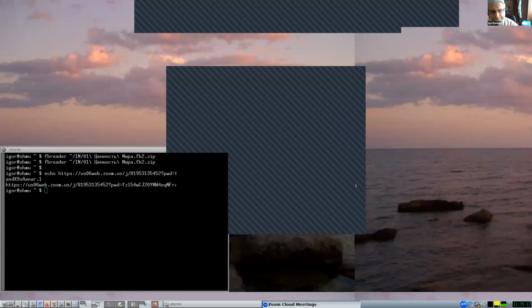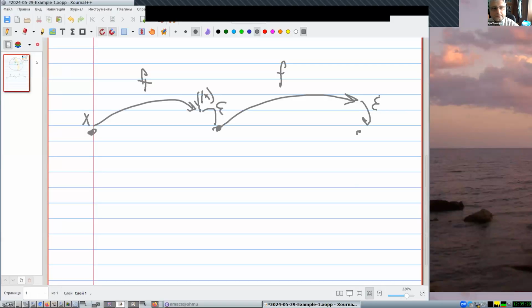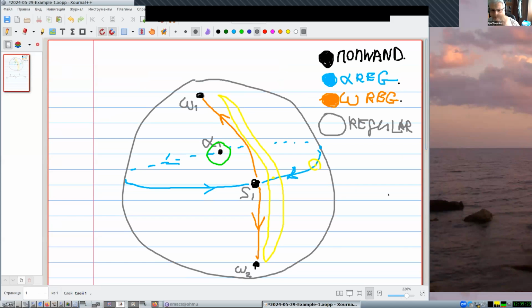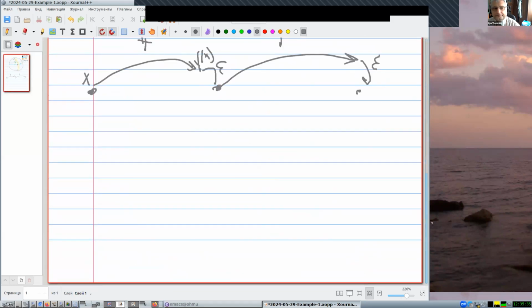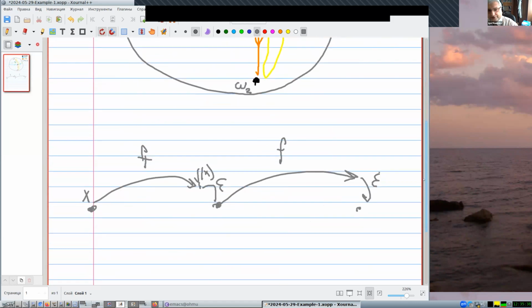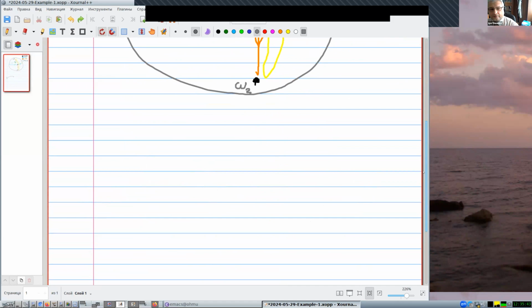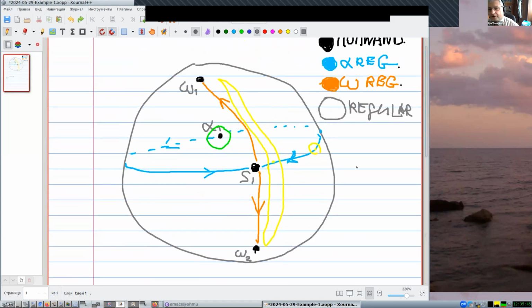And similarly, for this example, we have no difference between chain regular components and chain recurrent components. For this example, two omega regular components coincide with corresponding chain regular components.